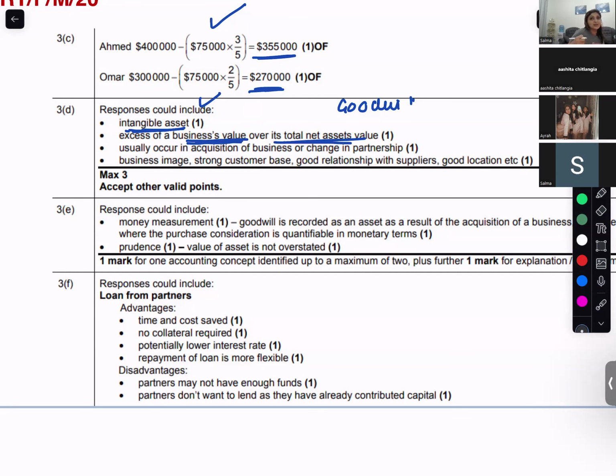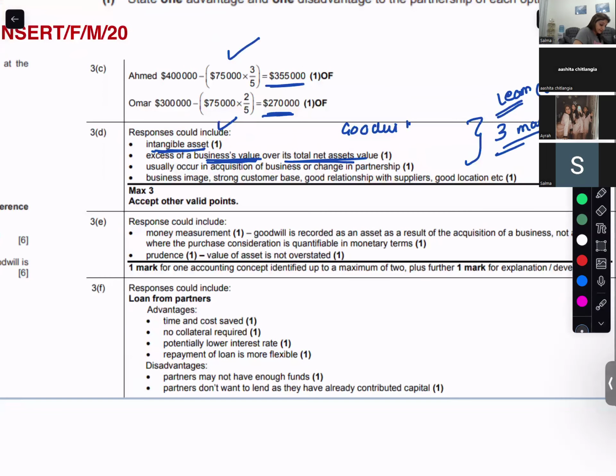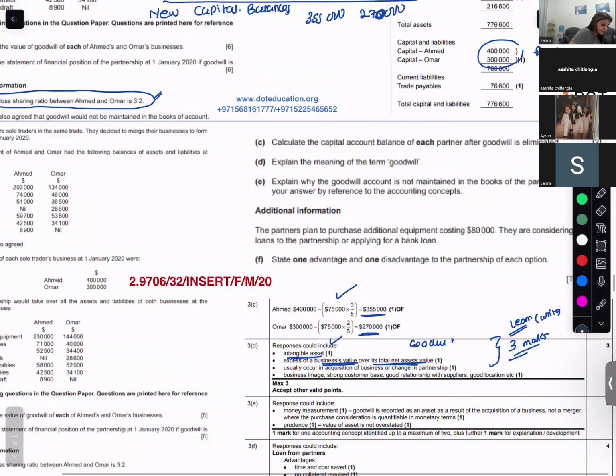It is usually measured when there is an acquisition or change in the structure. It occurs because of the strong image, good reputation, good location of the business that Ashita has already covered. This you need to learn for 3 marks. You need to learn and then you will write, not without learning.